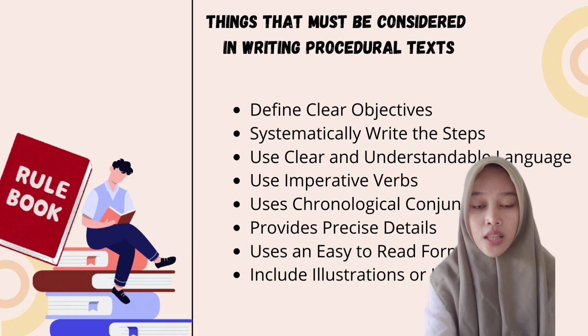Don't use abstract language or abstract instructions. If you use abstract language or abstract instructions, later the reader will be confused. After that, the fourth is use imperative verbs. And then the fifth is use chronological conjunctions, such as first, second, next, then, etc.